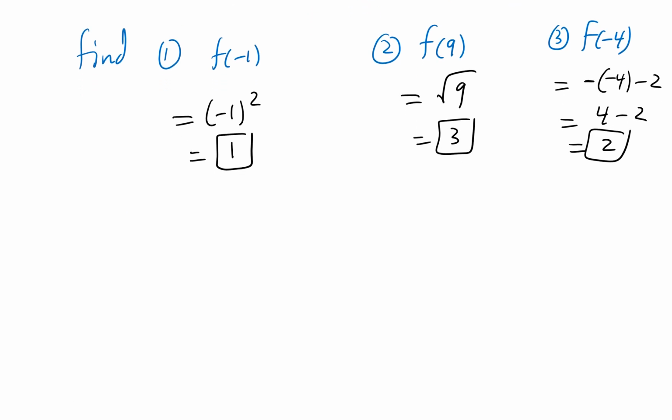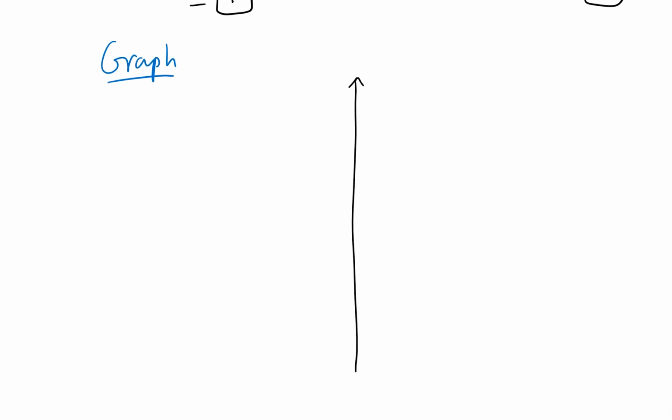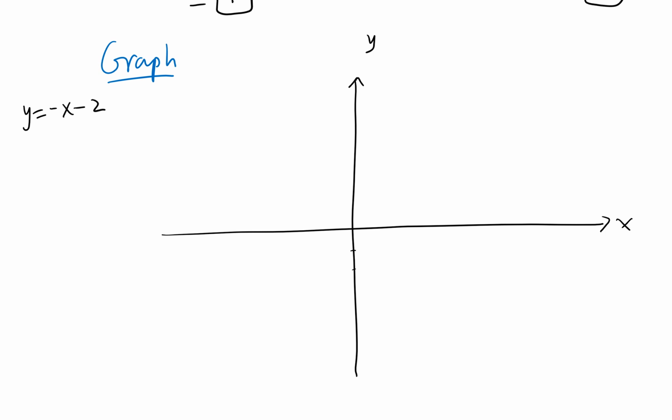We're going to graph it now. How do we graph piecewise functions? We graph the first one. The first one is y equals -x minus 2. So for -x minus 2, you can take x equals 0, y is -2. x equals -1, y equals -1.